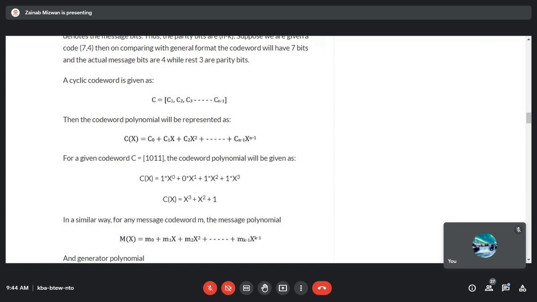If the value of n is equal to 7, as you can see on the screen which I have shared over here, how it is being given is c of x equals c0 plus c1 x raised to 1 plus c2 x square plus c3 x cube, and how long it will go, what will be the last term over here, it will be cn minus 1 x raised to n minus 1. Okay, that is the cn minus 1 x raised to n minus 1. Now as I have mentioned to you, n equals to 7 over here.